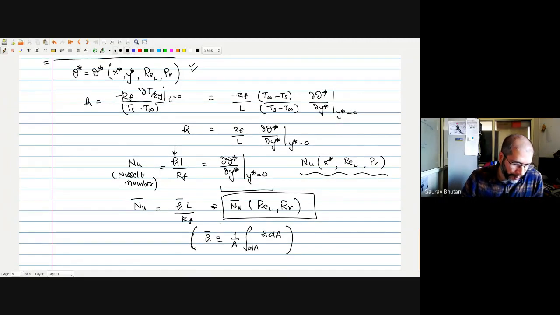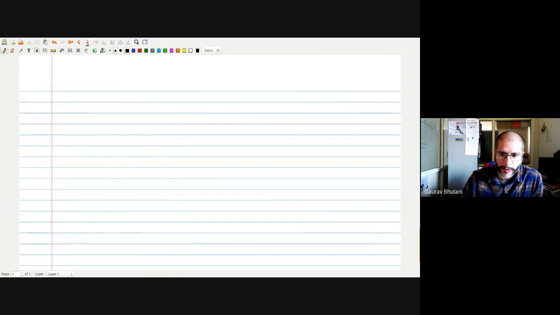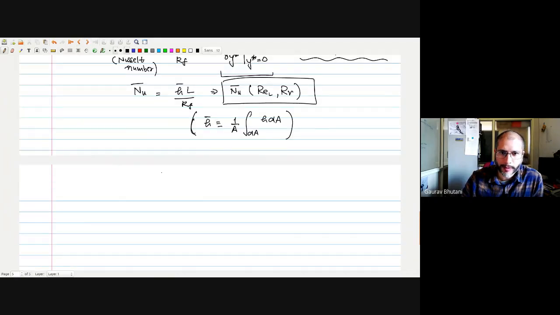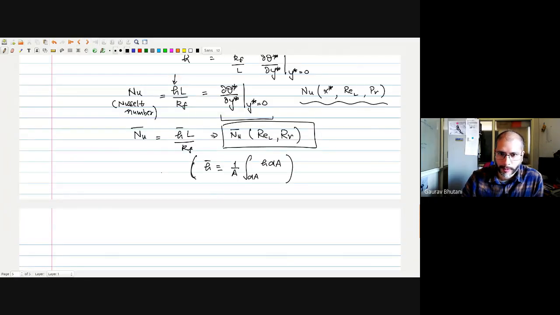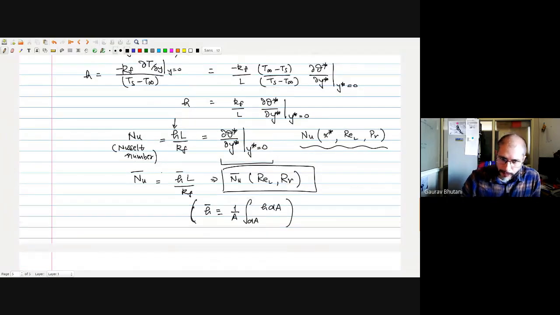We'll be seeing this non-dimensional parameter, the Nusselt number, extremely frequently in the next few lectures, so we'll be talking more about it. But remember that the average Nusselt number is a function of the Reynolds number and the Prandtl number for laminar flows. We're still talking about laminar flows till now.